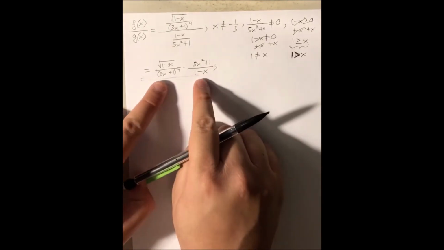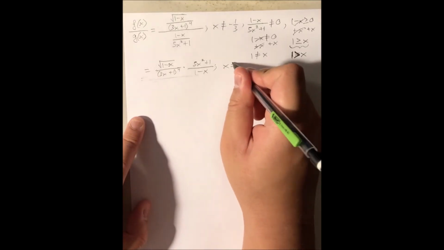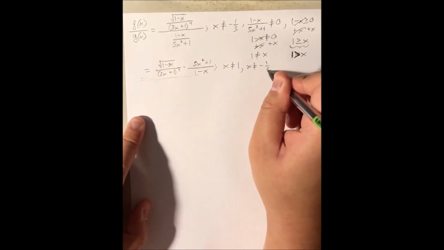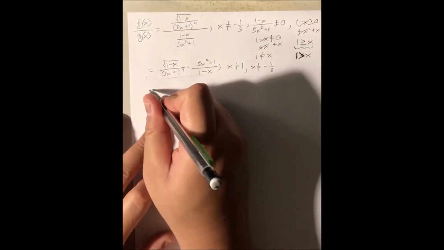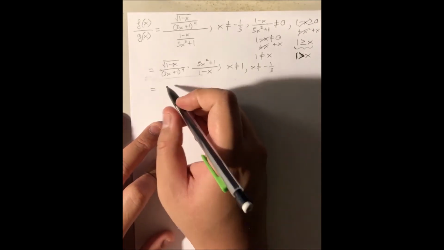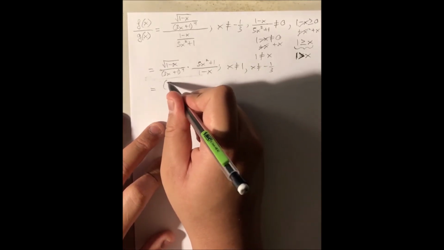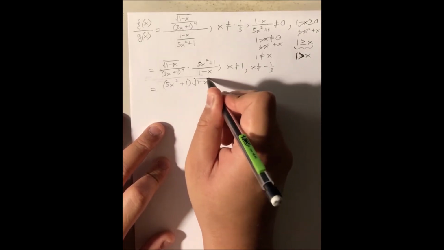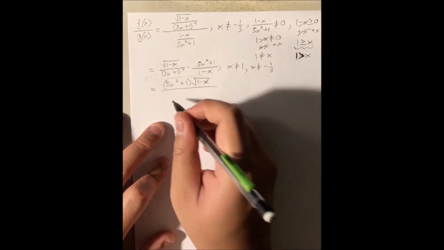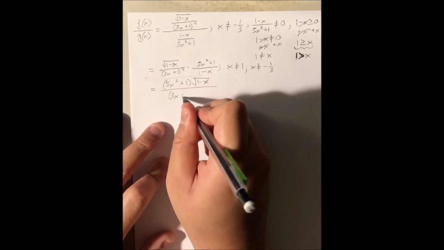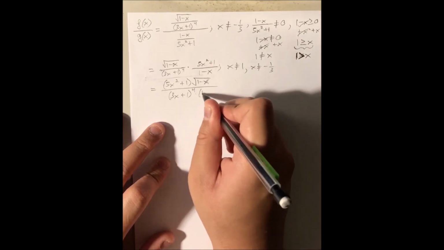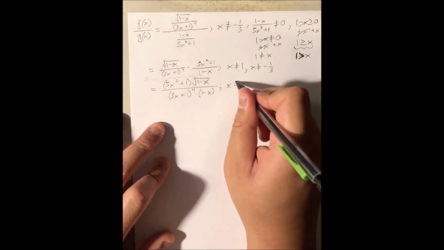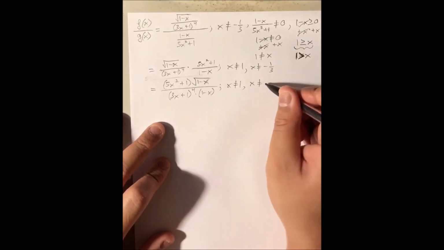And of course, looking at these two denominators, you know that x cannot be equal to positive 1 and x cannot be equal to negative 1/3. I'm just going to put everything together because I'm not going to FOIL anything out. So we have 5x squared plus 1 times the square root of 1 minus x, all over 3x plus 1 raised to the 4th power times 1 minus x. And the same restrictions as above, because we just put everything together.